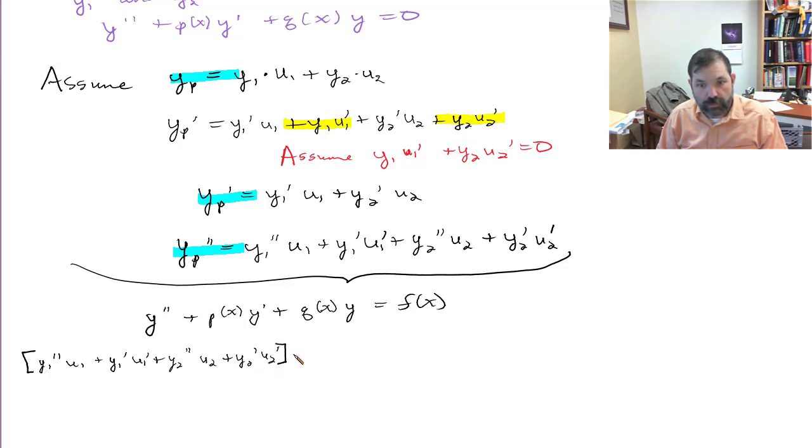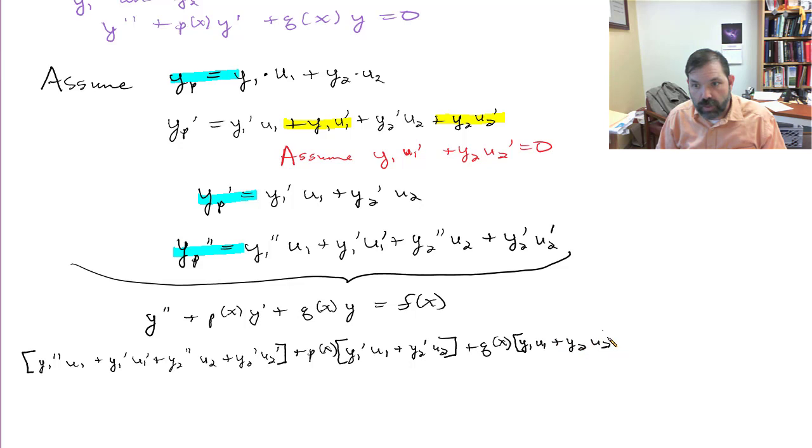There's the first term. Plus p of x times y prime, which is y1 prime u1 plus y2 prime u2, plus q of x times y, and here remember we assumed for y, the yp is y1 u1 plus y2 u2. And this is all supposed to be equal to some f of x.